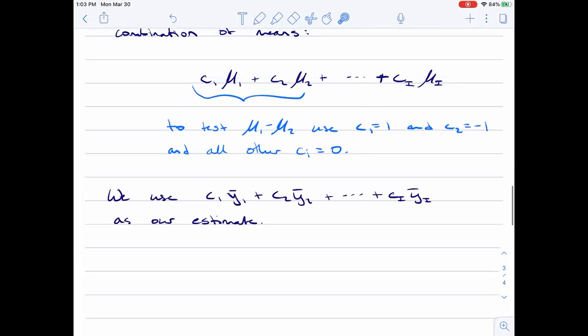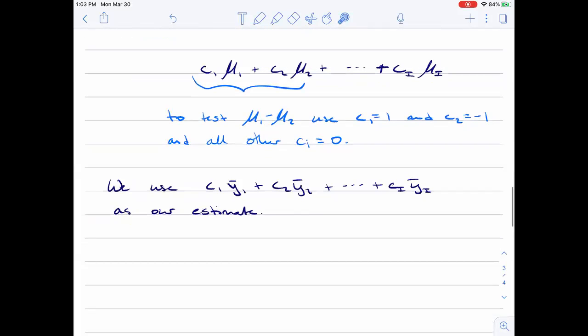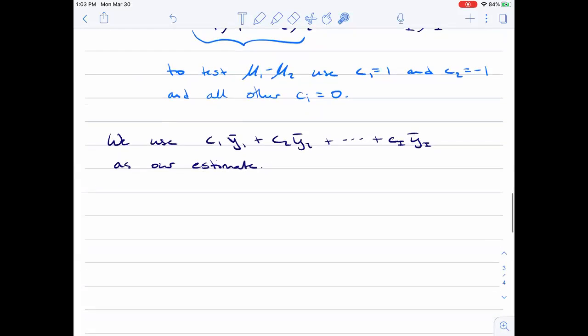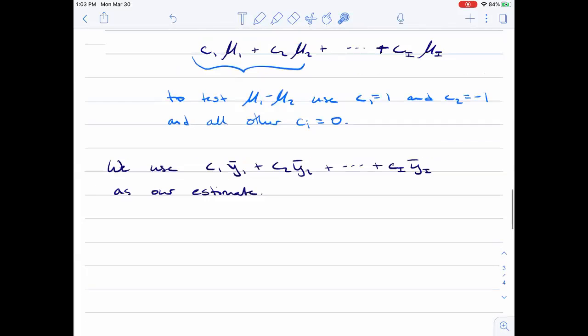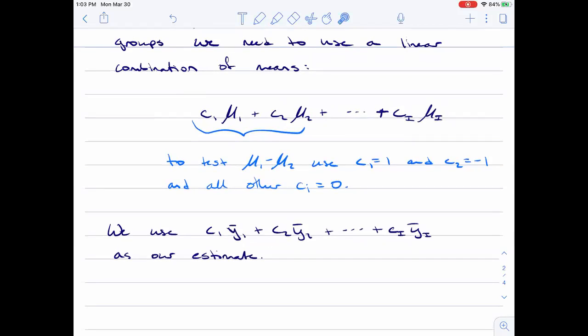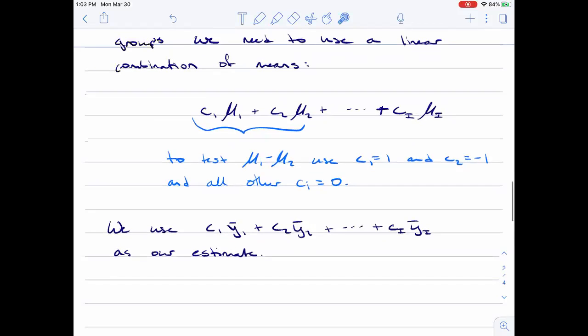So nothing is really different. But now we're doing these linear combinations of the means, so essentially we're going to lead up to contrasts. Then this would be our estimate.